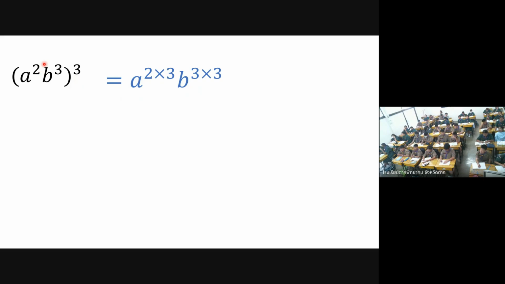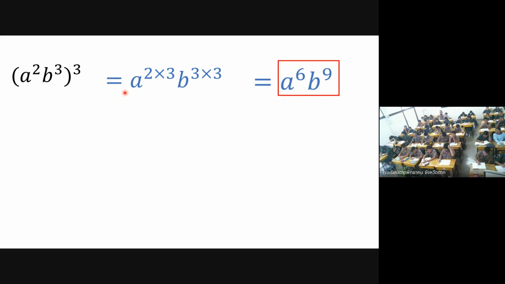Again, that would be 2 times 3. And that would be 3 times 3, right? So we can have A to the power of 2 times 3, B to the power of 3 times 3. And the answer is A to the power of 6, B to the power of 9. And that would be your answer.